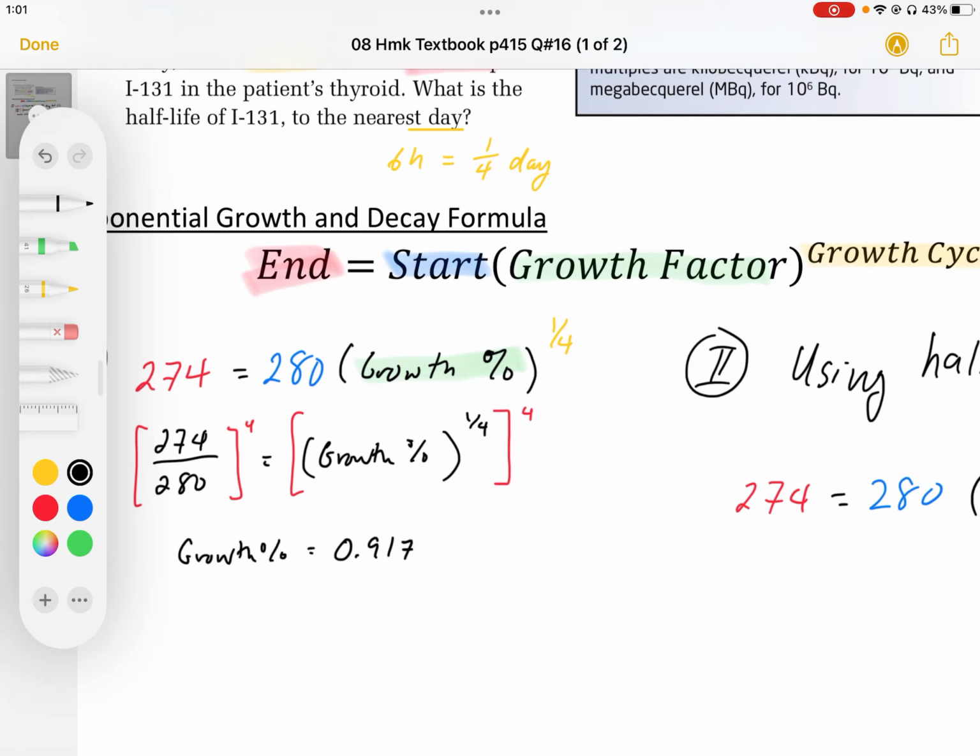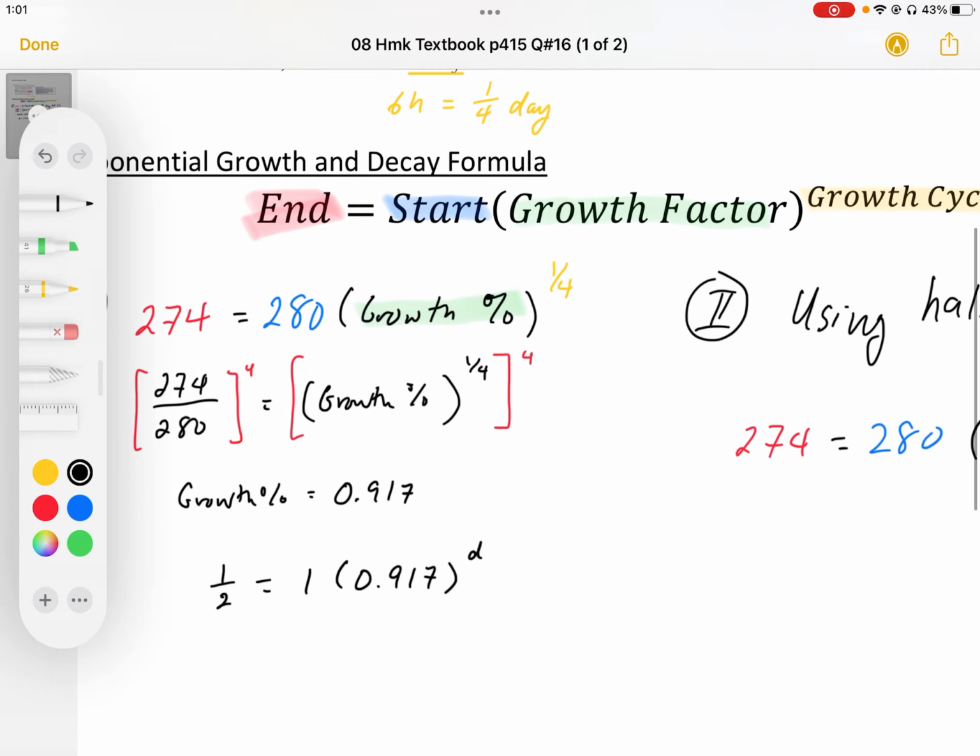Okay, so now if I want to then find out the half-life, I set this up as I end with 1/2, I start with 1, my growth percentage is 91.7, and I'm going to solve for the number of days it takes me to get to the half-life point.